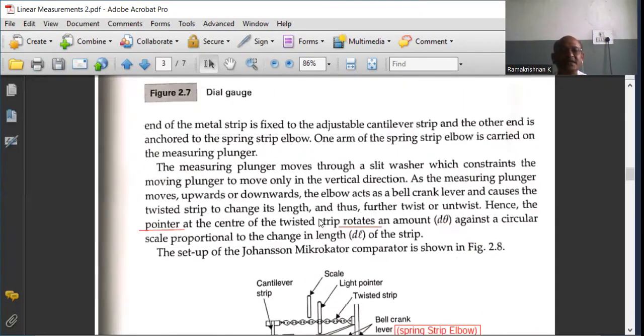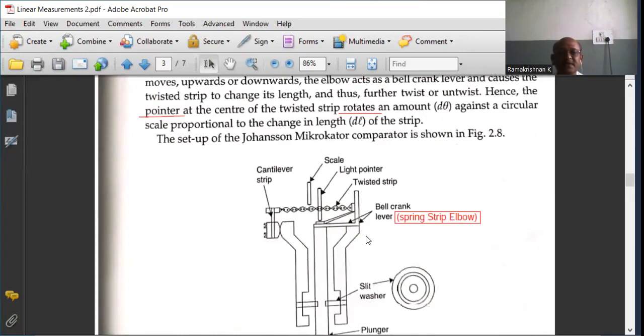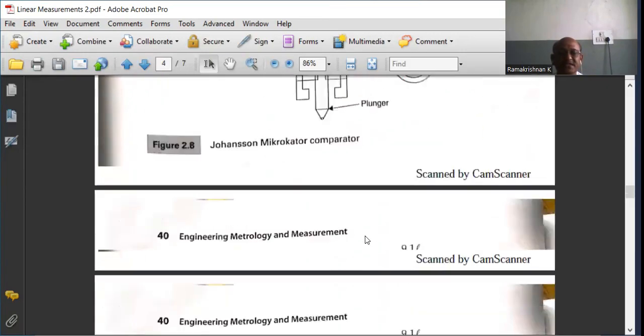As shown, the pointer at the center of the twisted strip rotates through an amount d theta. If there is any deviation, the plunger moves up or down, so the strip rotates by d theta against a circular scale, with a proportionate change in length dl. So dl and 2 d theta are the parameters used for the magnification.